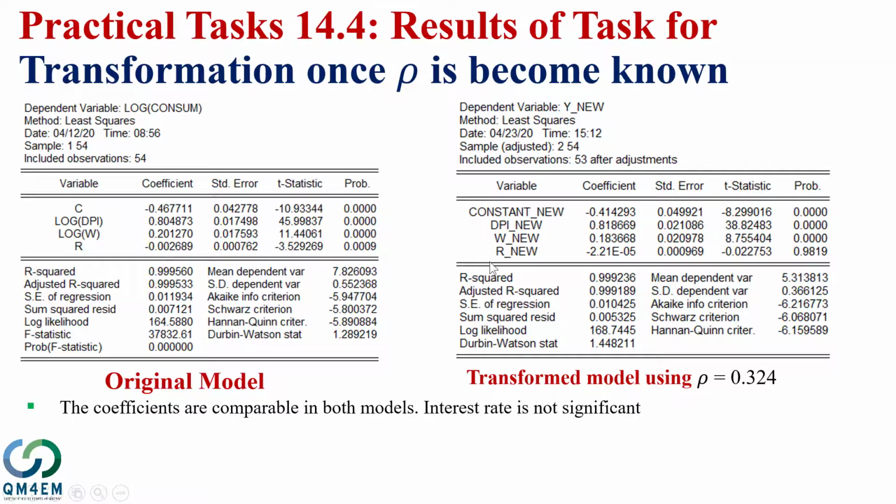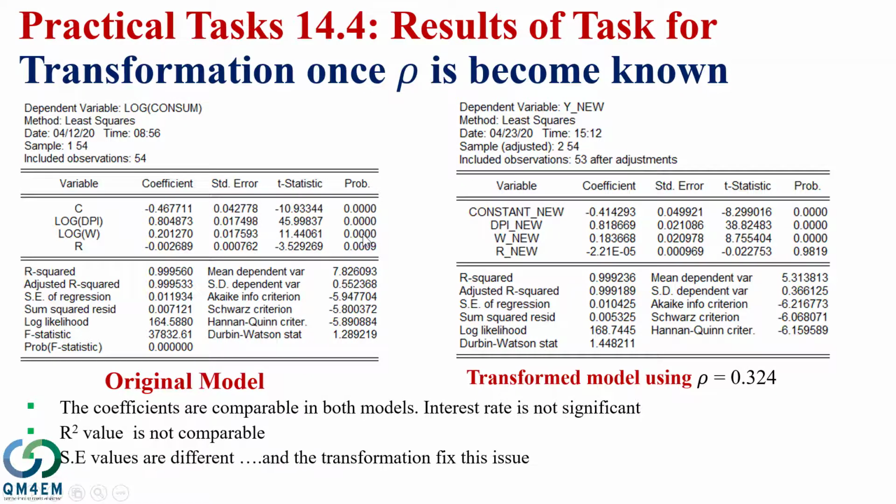The only notable difference is the value of r, which is statistically not significant in the second model, so that makes it not considerable. R square values across both models are not comparable because the dependent variable is not the same. And then you can see the major differences in the standard error values.